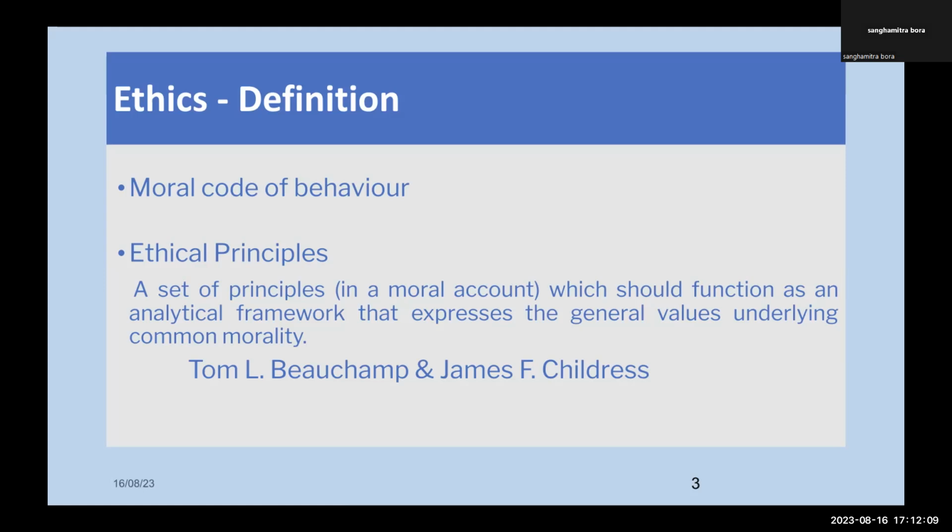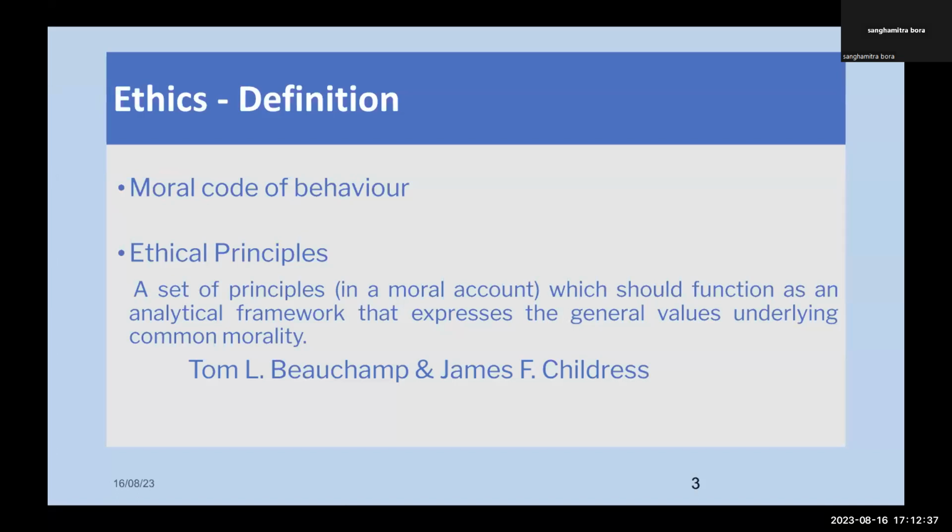So the definition itself is quite self-explanatory when you talk about working under an analytical framework and expressing your values when you are conducting yourself professionally or even outside of your workplace.